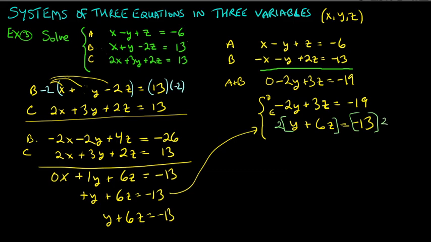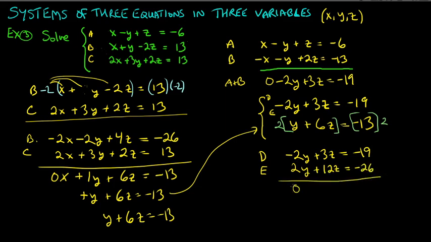All right. So now, let's go back here. Equation D is still negative 2y plus 3z equals negative 19. And then equation E, after multiplying by 2, I get positive 2y plus 12z equals negative 26.